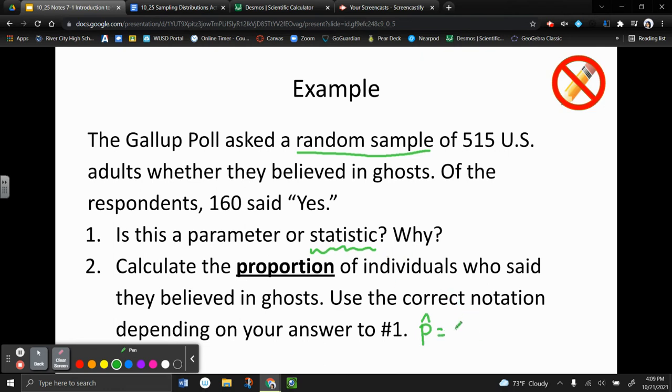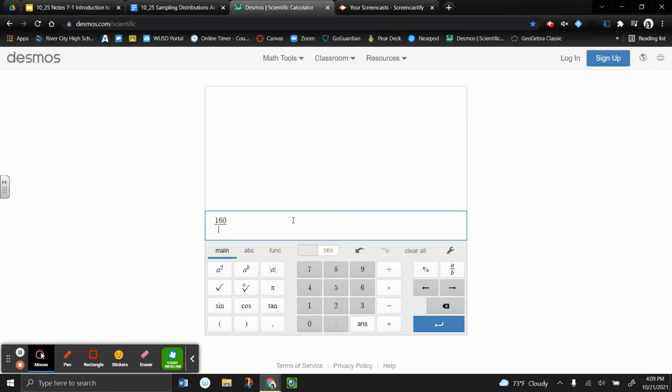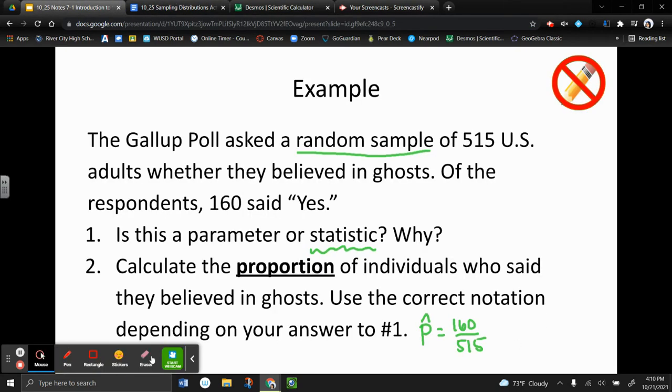And to calculate the proportion who believe in ghosts, it's going to be 160 divided by 515. So 160 divided by 515. That p hat is going to be, we'll say 0.3107. So that's the sample proportion.